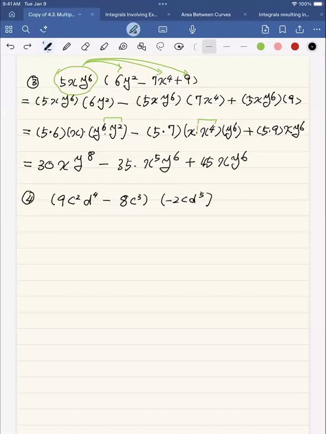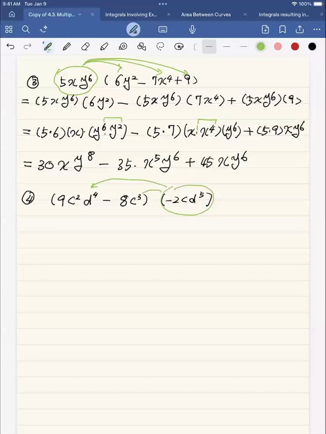The next problem is (9c squared d to the 4th power minus 8c cubed) times negative 2cd to the 5th power.